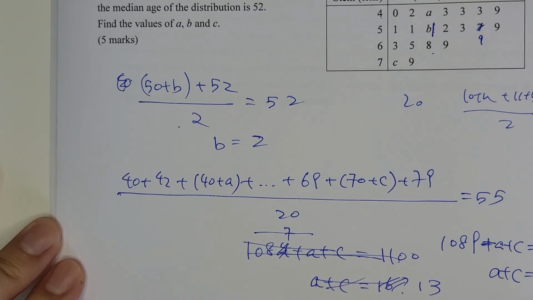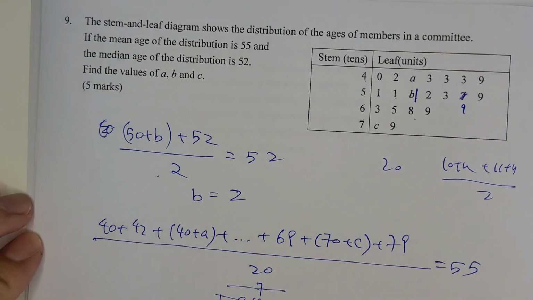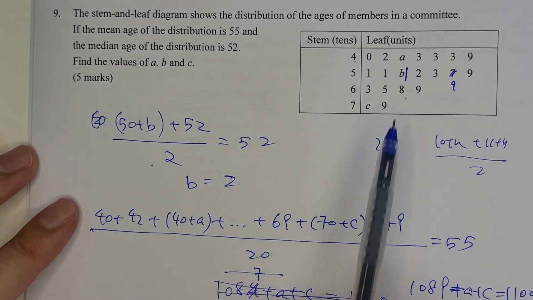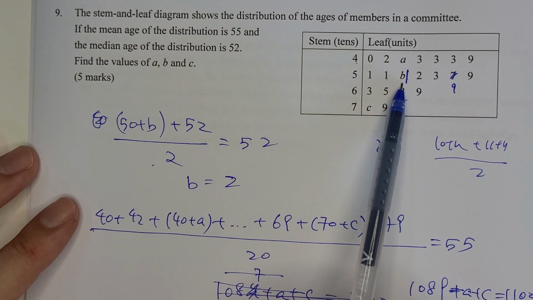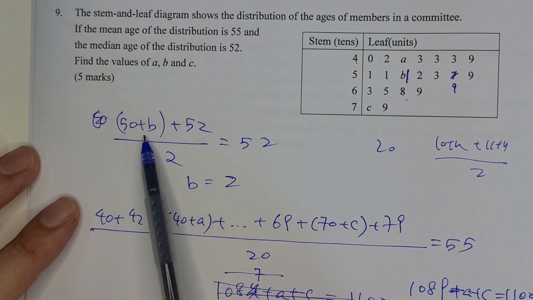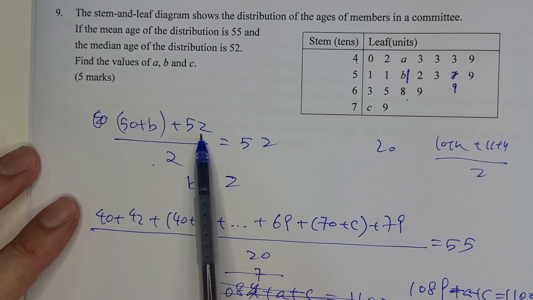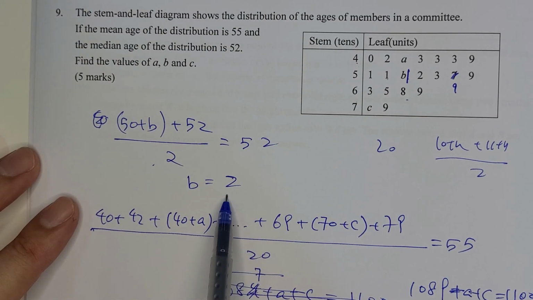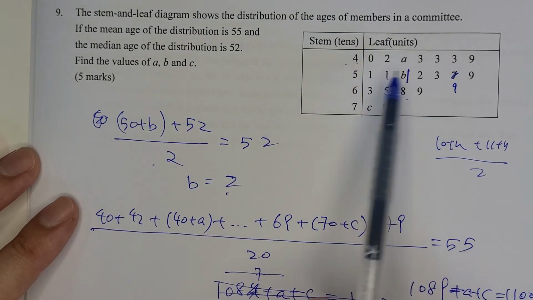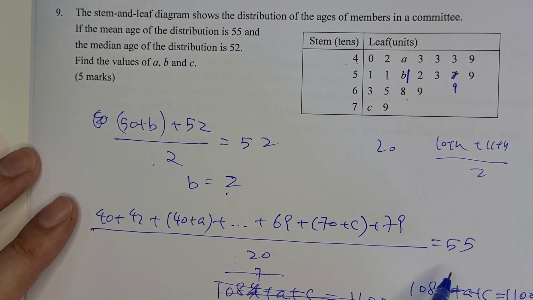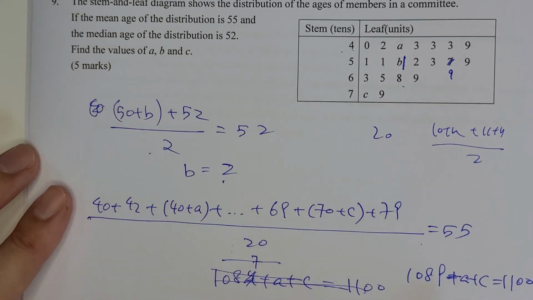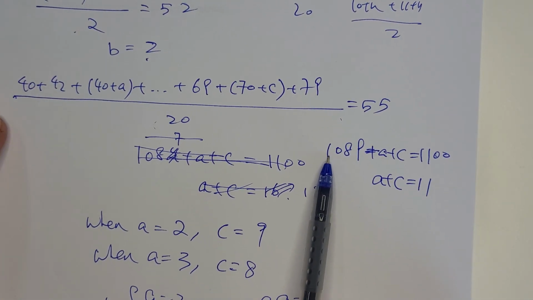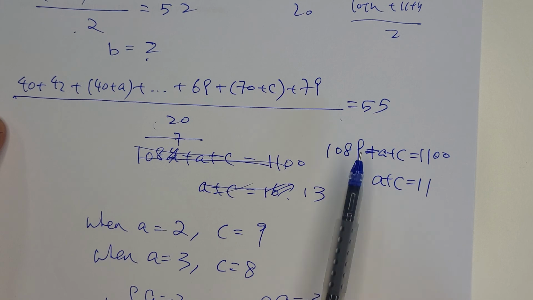So go back to the question one more time, okay? If you want to find the median, then you need to take the 10th data and the 11th data, okay? So 50 plus B plus 52, over 2. That is 52 from the question. You get B equals 2. And you want to find the mean age, so add all these numbers up, divided by 20, that is 55. And you find that this will be 1089, okay?